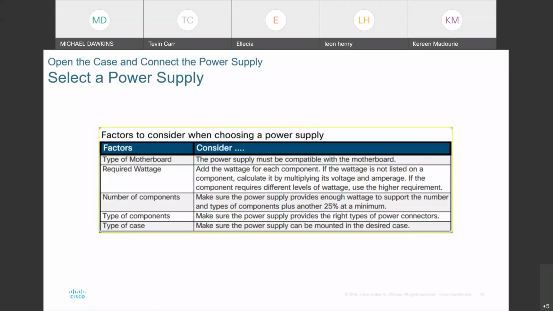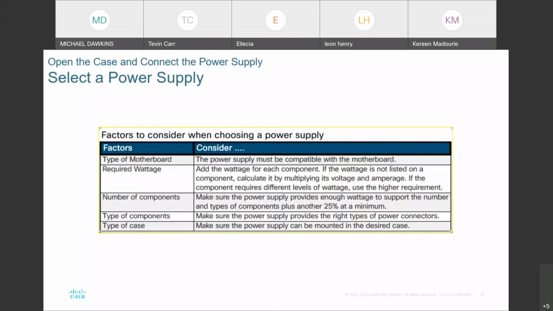Type of case. Make sure the power supply can be mounted in the desired case. The power supply that was demonstrated in the video earlier fits in that particular case because it comes with that case. But if you're going to buy a case that comes without a power supply, you have to check the power supply you are buying to ensure that it can fit inside that case.